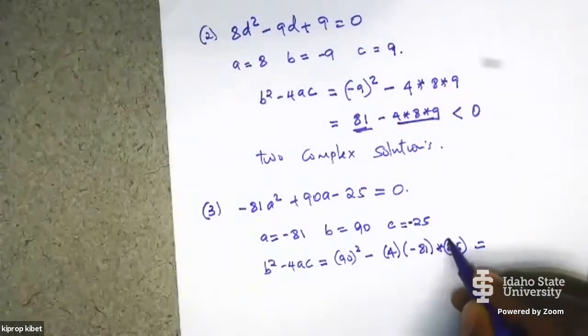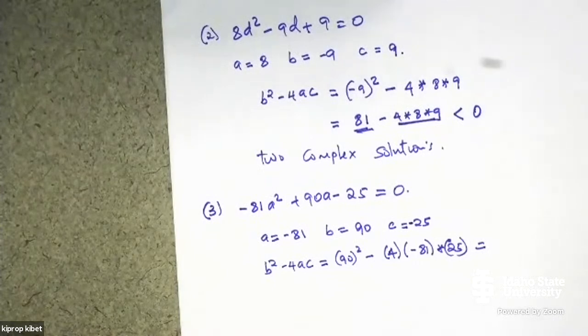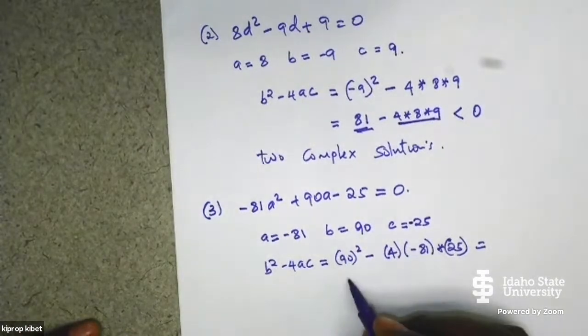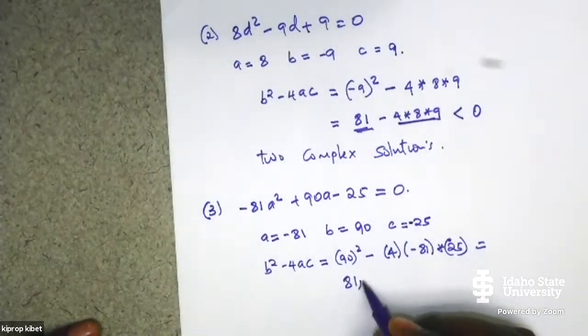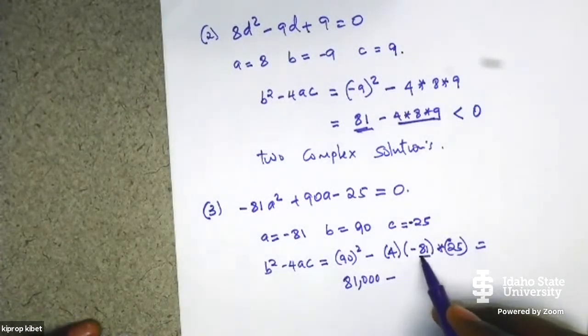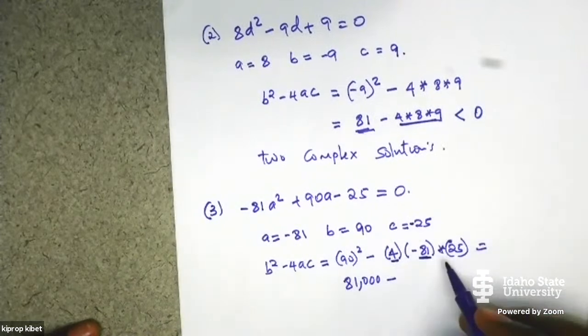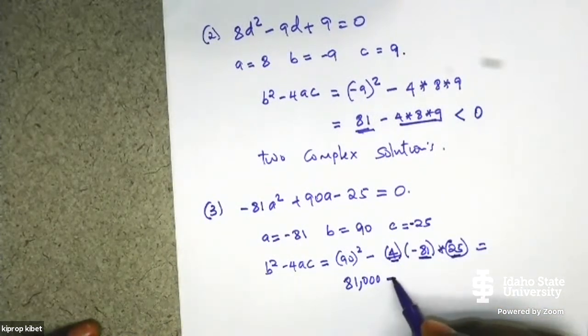So what do you get? 90 squared is 8,100. Minus 81 multiplied by 4, which is 100 multiplied by this, so finally this is minus 8,100.